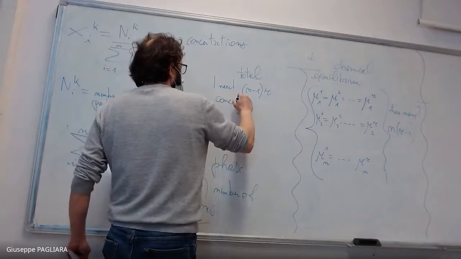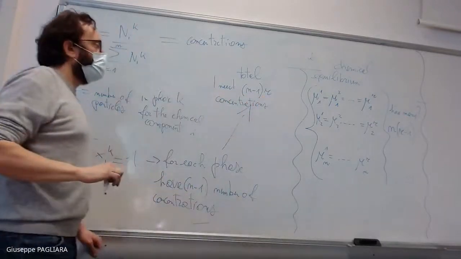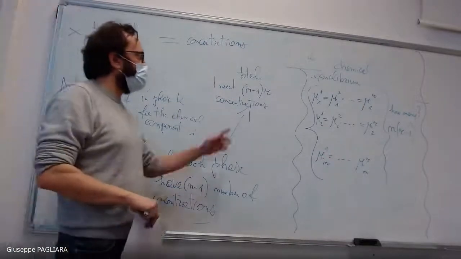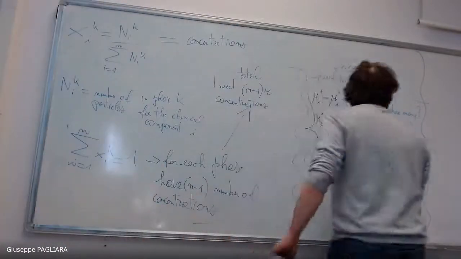For each phase, I need n minus 1, therefore in total, I have n minus 1 times r independent concentrations.